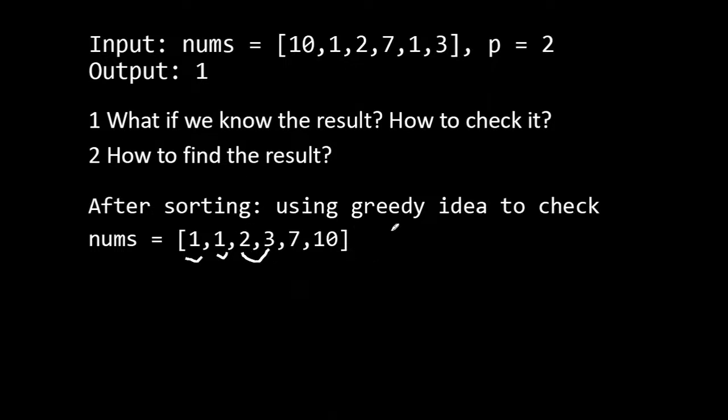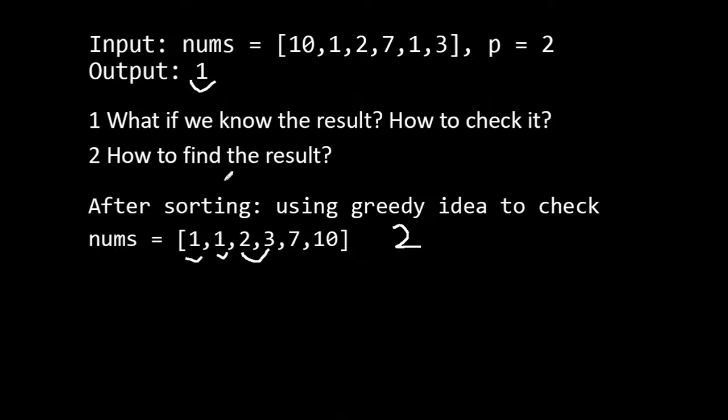It's another pair. So in this step, we have two pairs. If we have already found two pairs, it means 1 works. This proves that 1 is feasible, because P is 2 and we already found two pairs.